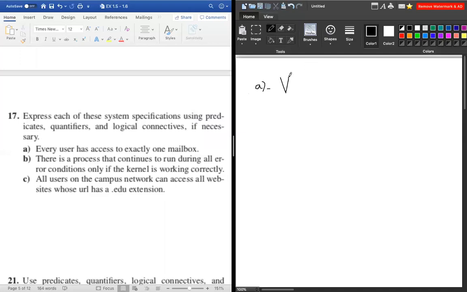For all x, there exists y, and let's say m represents mailbox.